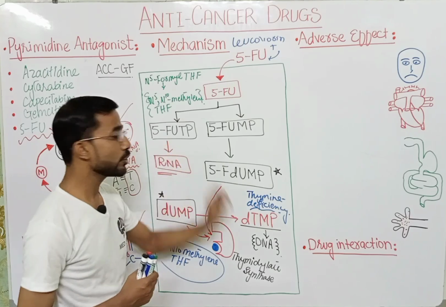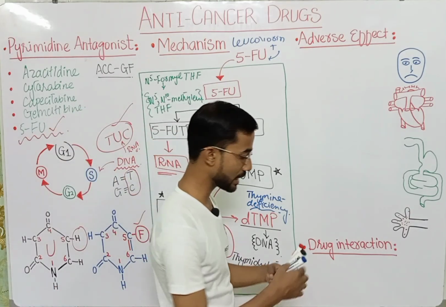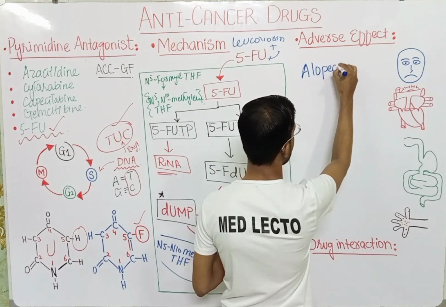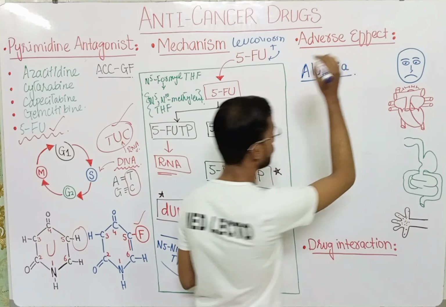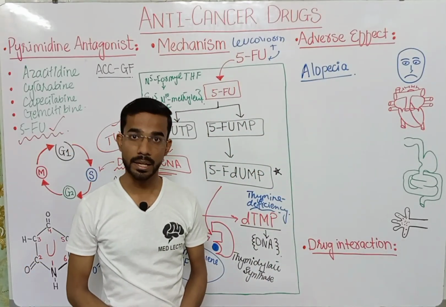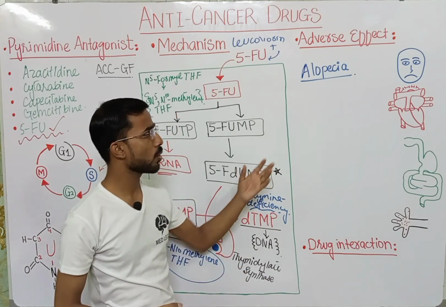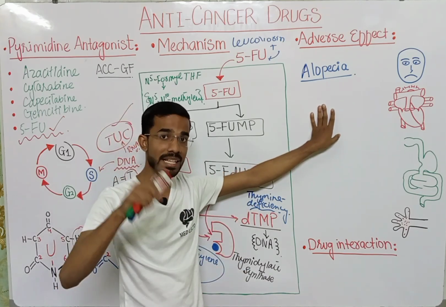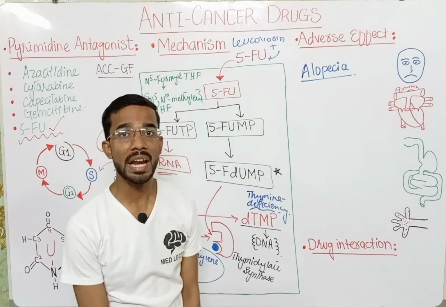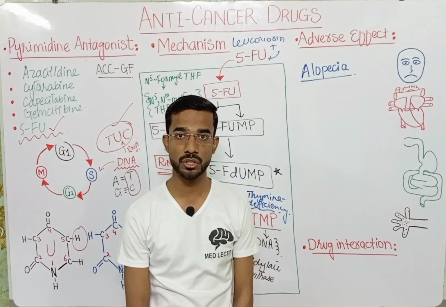Okay, if we talk about the adverse effects, the most important first adverse effect is alopecia. Alopecia means you will see loss of the hairs; there are different types of alopecia. So one of them is the adverse effect of the pyrimidine antagonist. Next, you can also see coronary vasospasm in that situation.